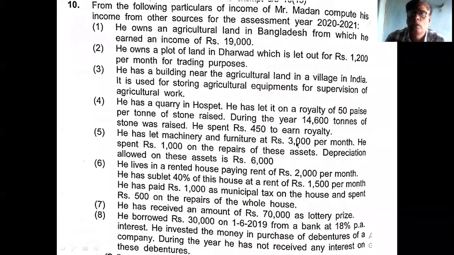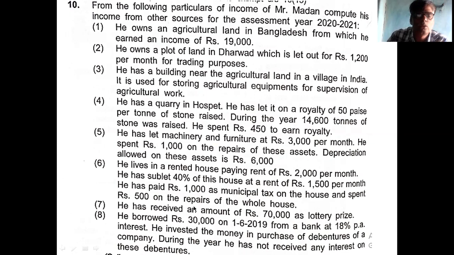Annual rent is 36,000. Then he lives in a rented house, 2,000 rent paid per month to the landlord. Sublet at the rate of 1,500, 40% portion. 40% of the total expense is allowable. This is the point you remember.